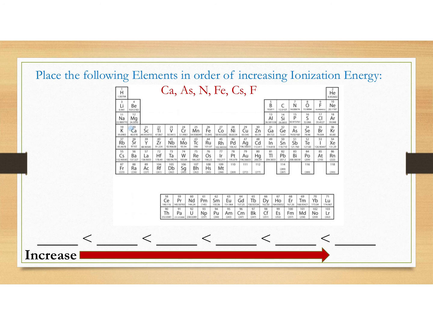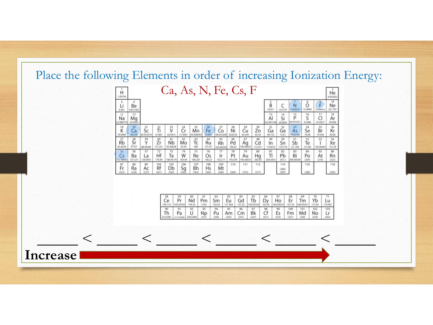I've got Ca, I've got As, I have nitrogen, I have Fe, I have Cs, and I have fluorine.